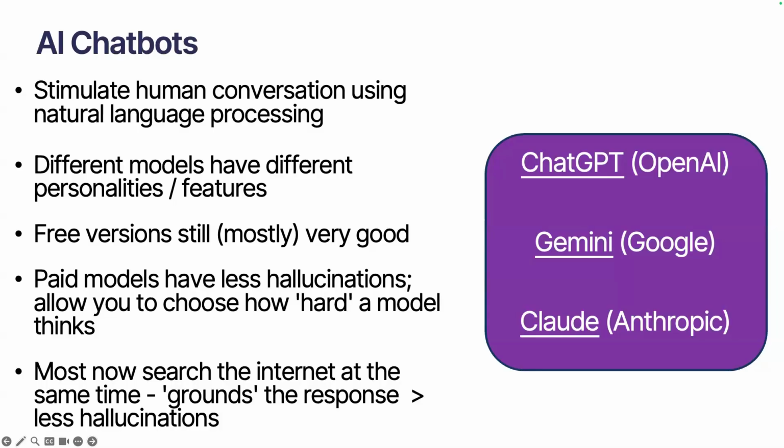What I encourage people to do is play around with the three tools and figure out which one works best for you. I'm currently doing a research project that looks at these three different tools and evaluates their ability to do a specific task associated with my research area.